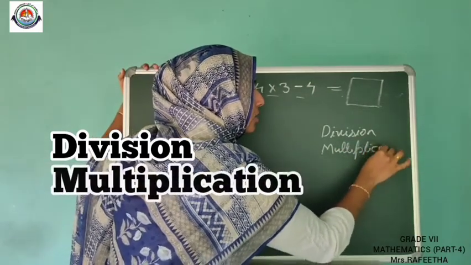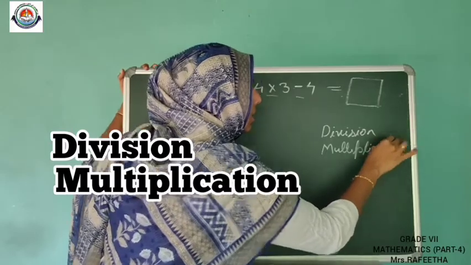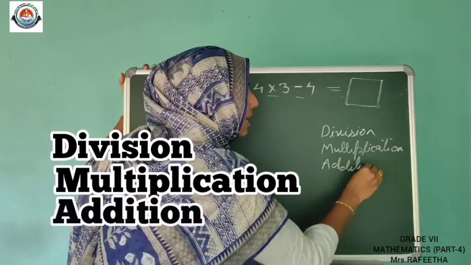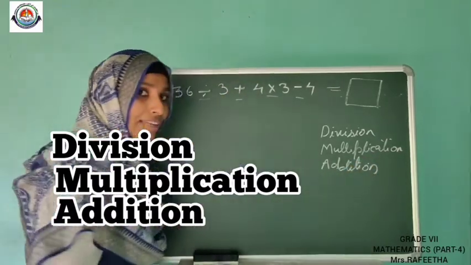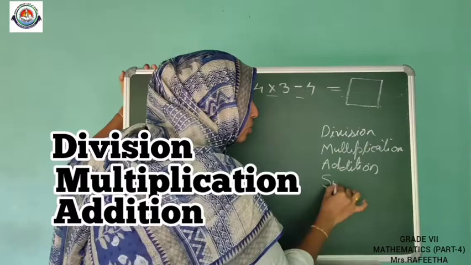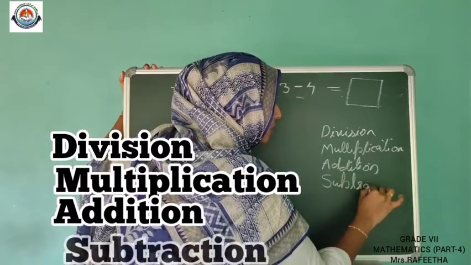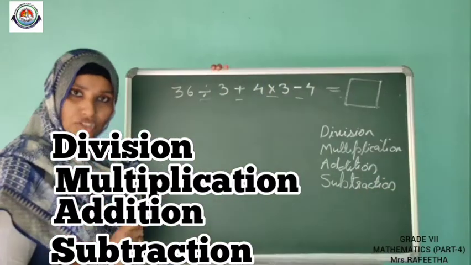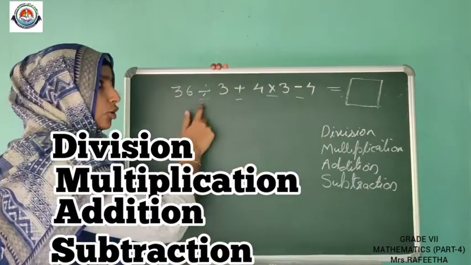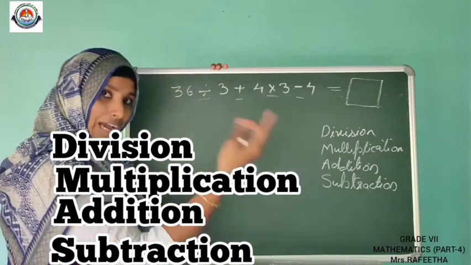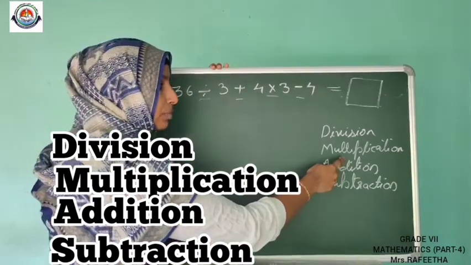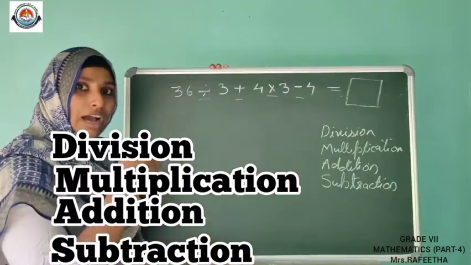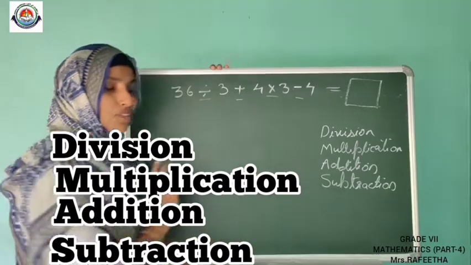Next is addition. After the addition, we want to do subtraction. So it is clear that if division is there, we do the division first. Then after the division, we do the multiplication. After the multiplication, we do addition. After the addition, we do subtraction.